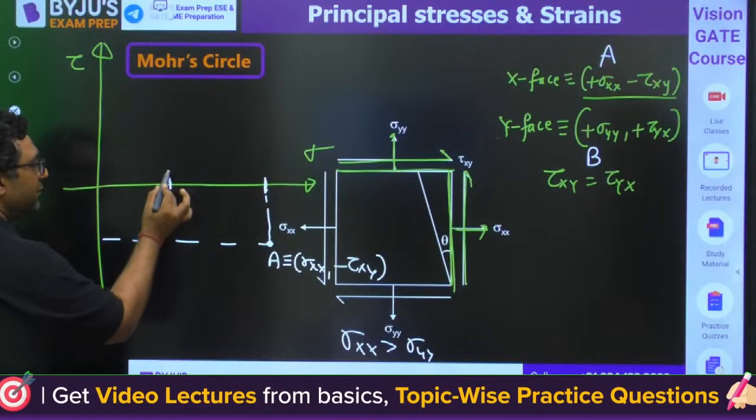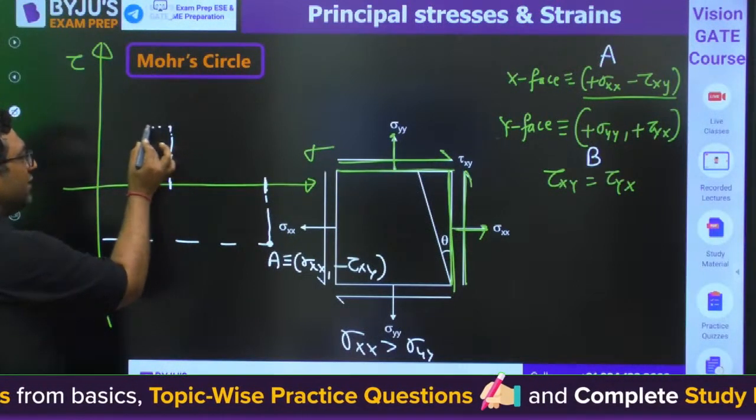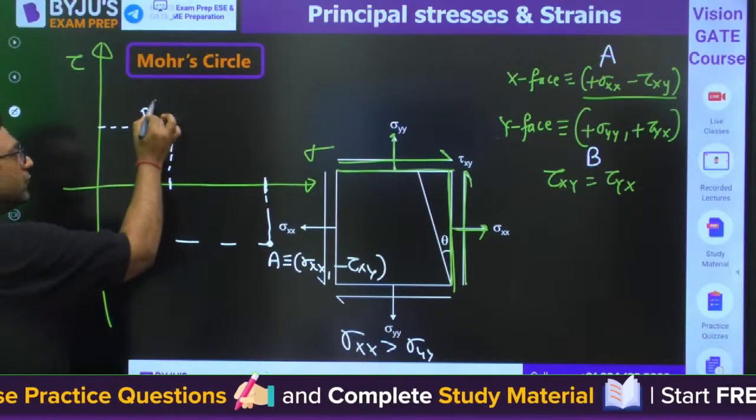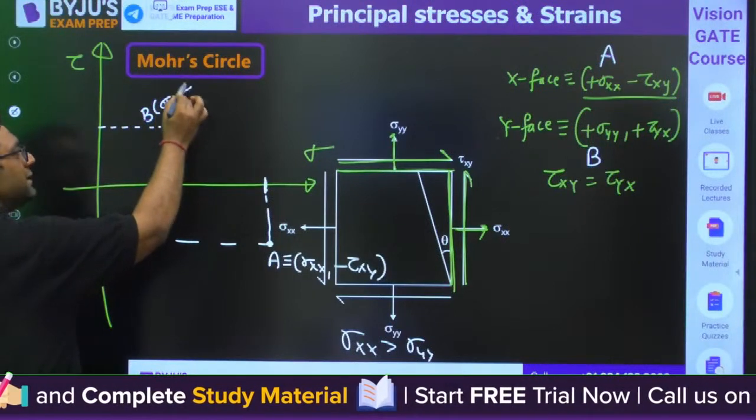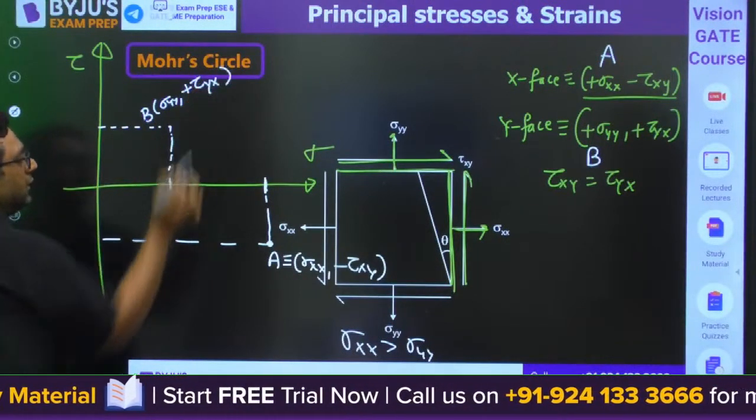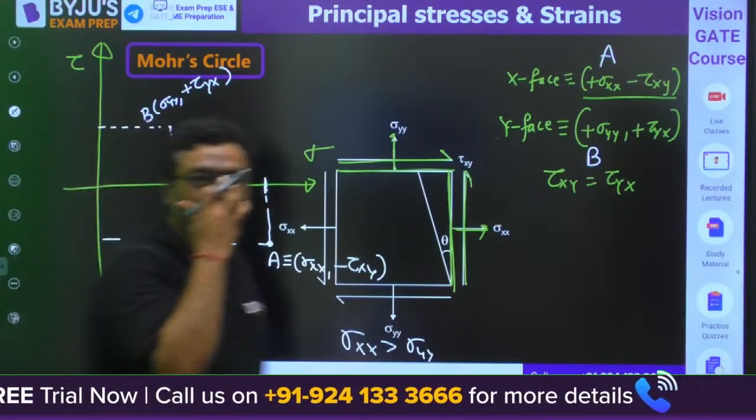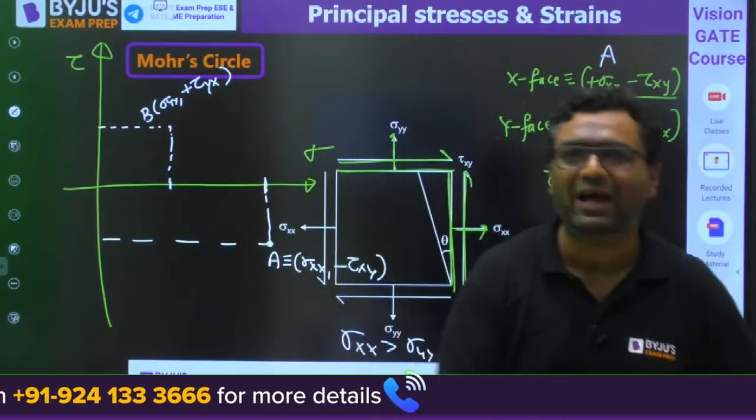Then let us say this is sigma YY. So I will get the point B, which is sigma YY comma plus tau YX or tau XY. So this is the first step. I make the state of stress on X phase, Y phase.